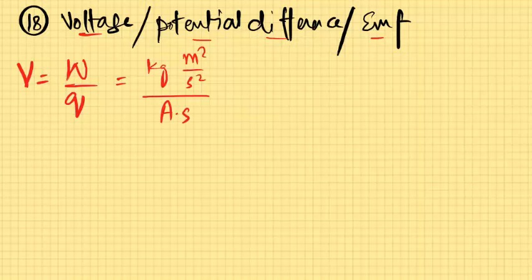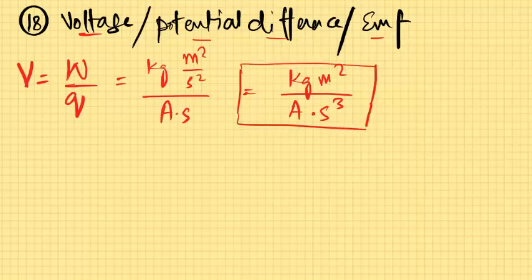Now if I simplify this, I will get kilogram meter square per ampere per second power 3. This is how I get the SI base unit of voltage.